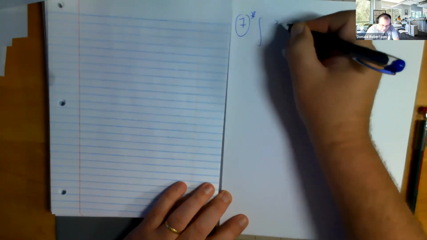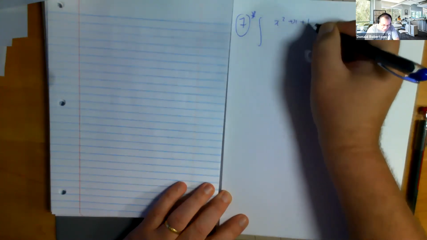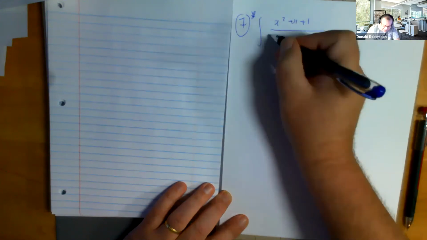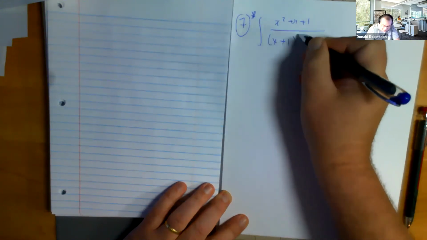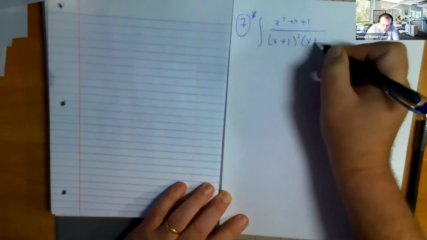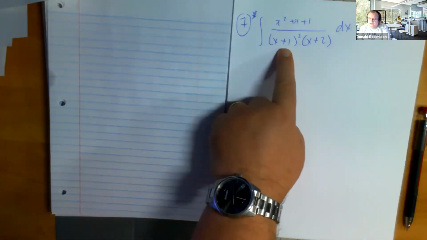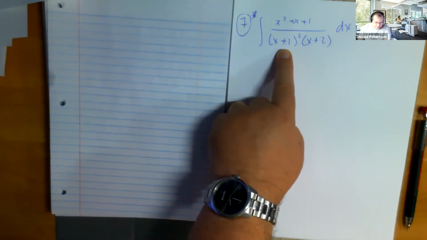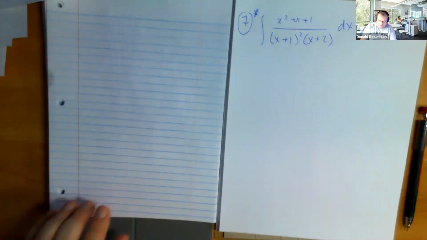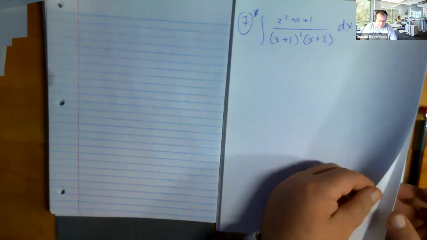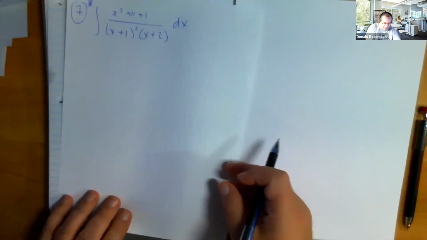It's going to be the integral of x squared plus x plus 1, which isn't a big deal. But it is going to have an x plus 1 squared term. So let's see if we can deal with that.